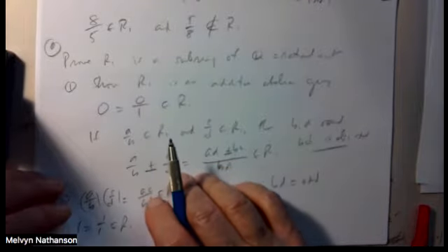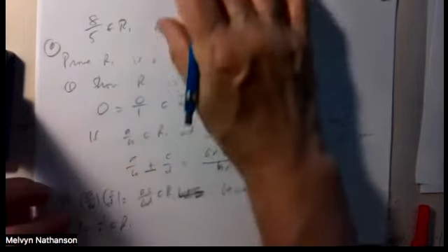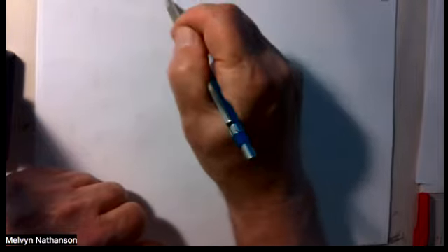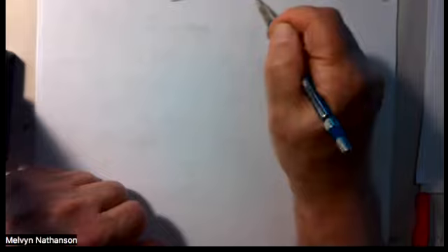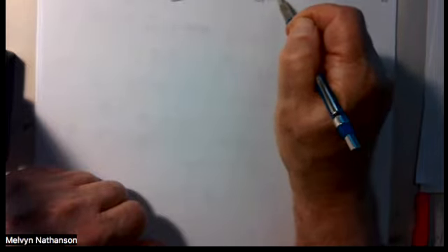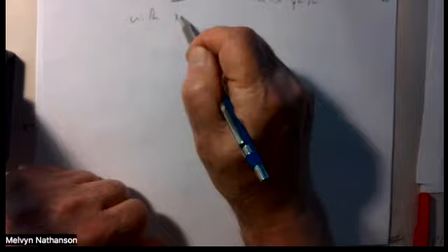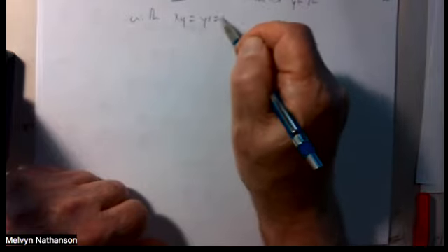What are the units? So remember that this is the definition of a unit. X in a ring R is a unit if there exists a y in R with x times y and y times x equal 1.